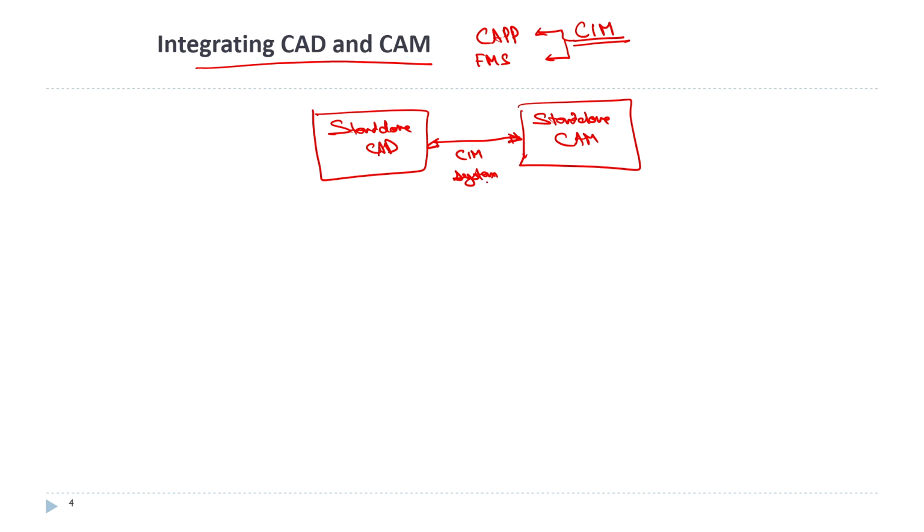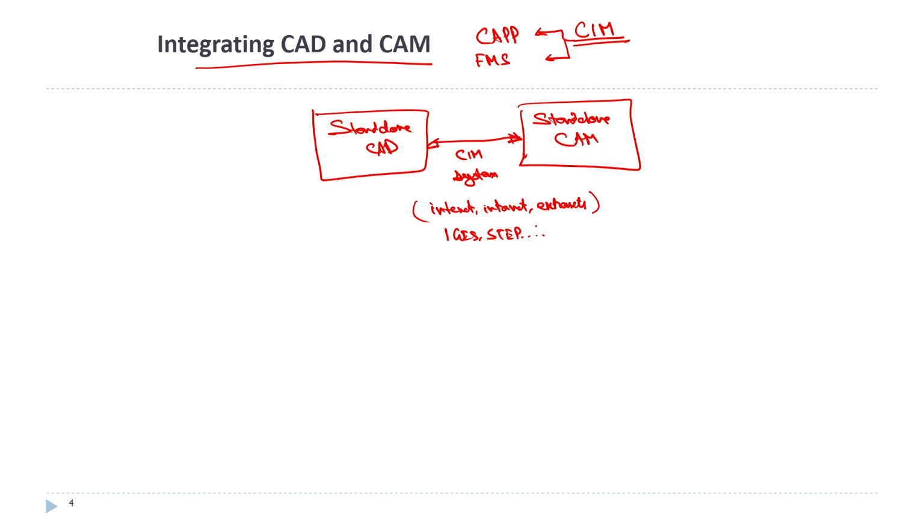So, with the advent of internet, intranet, and extranets, we have solved many of the networking problems nowadays, that is, the communication protocols at the software level, such as the formats IGES, STEP, or many such have achieved a similar success.